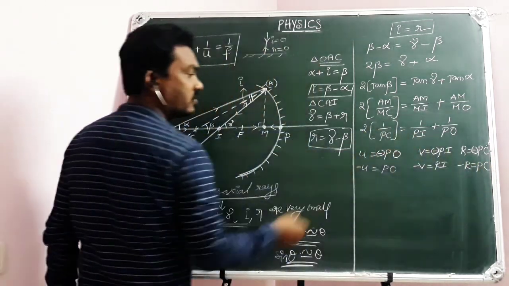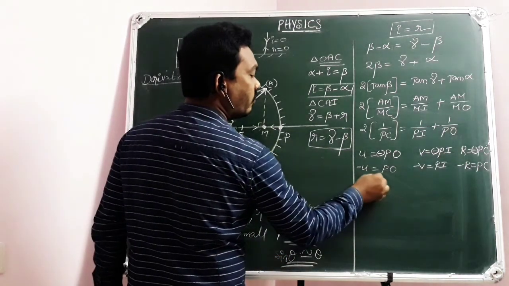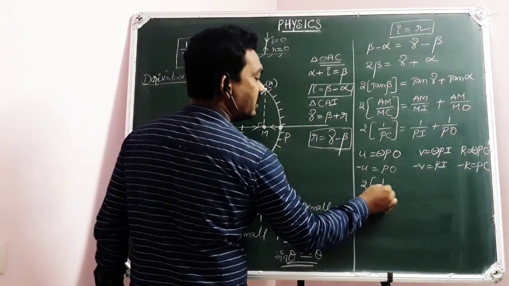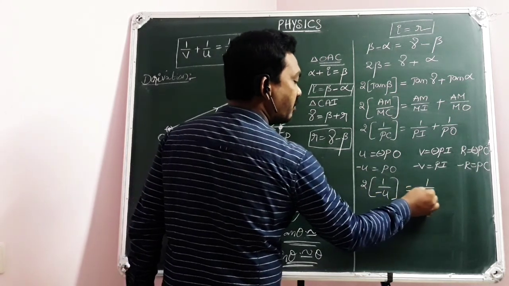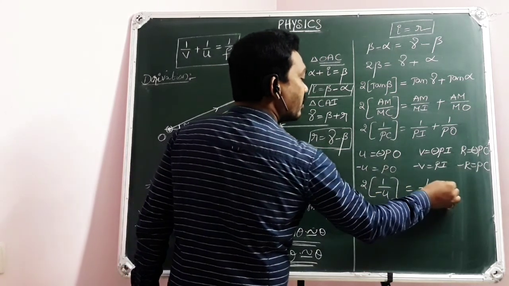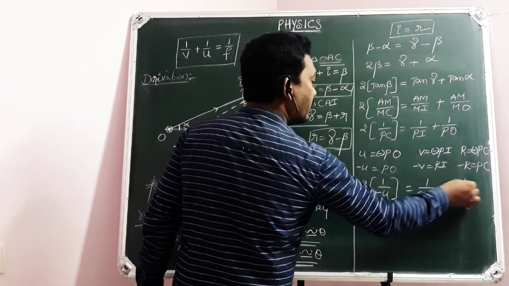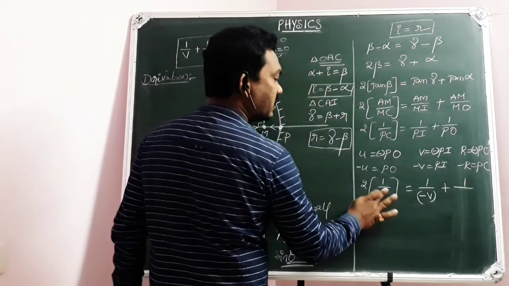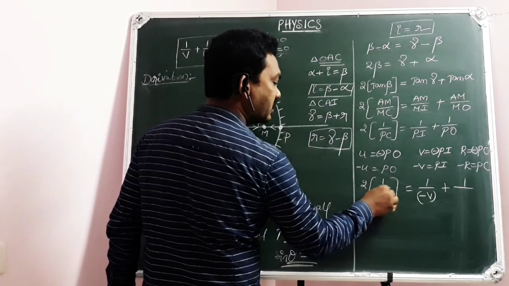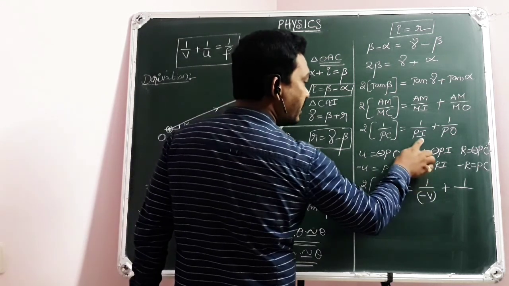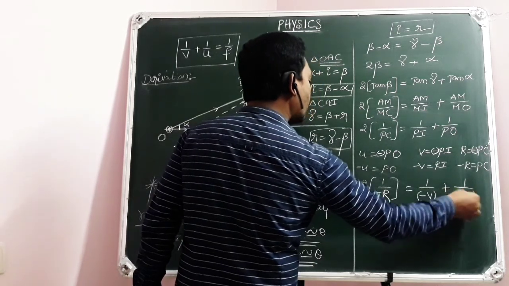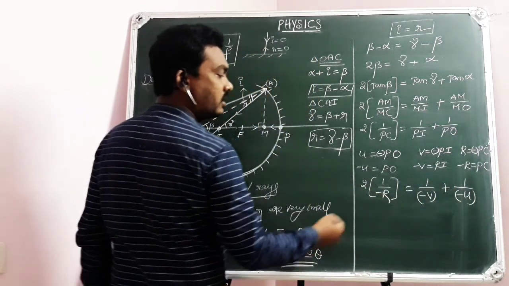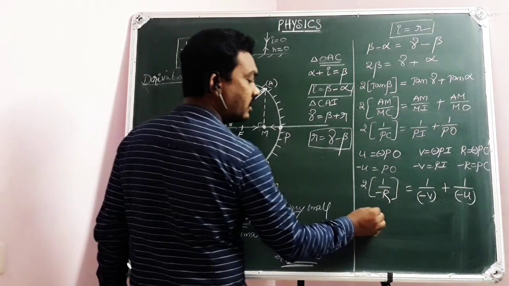Let me substitute those values. 2 times 1 by PC, which is minus R, plus 1 by PI, which is minus V, plus 1 by PO, which is minus U. Now cancel the negative sign in all these terms.